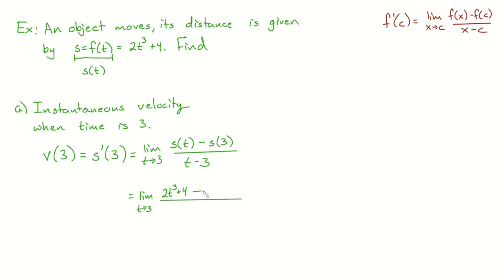Times 2? 54. Plus 4? 58. Do I care if you can mental math this or if you have to type it in? I don't care even a little bit. Do we agree it's 58? Cool. So I have 2t cubed plus 4 minus 58 all over t minus 3.